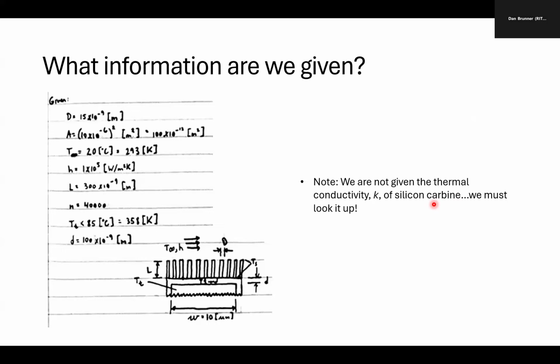The solution for this problem uses a value from the tables in the textbook. However, I just looked up the average thermal conductivity of silicon carbide, and I got a value of 305. So we'll see how that number affects our results, and if the results that I get when I go through and solve this problem are the same as the solution results.